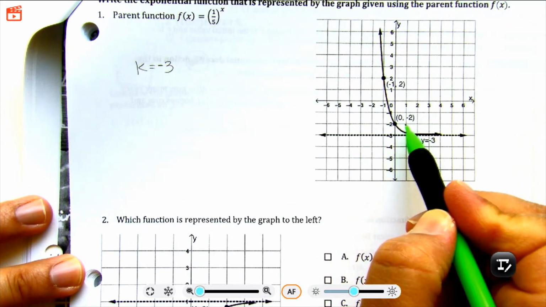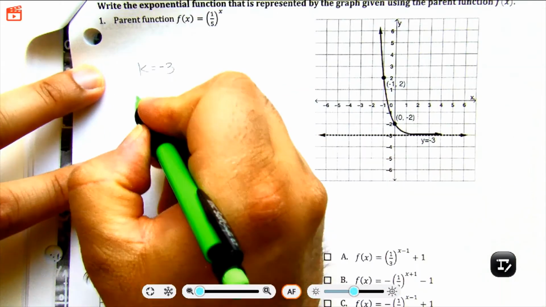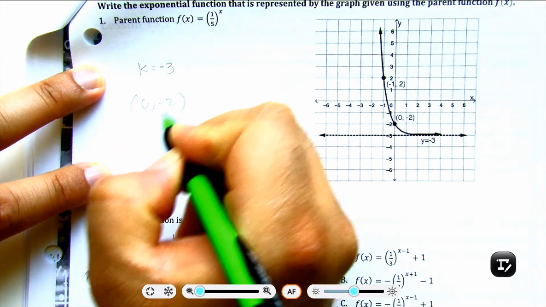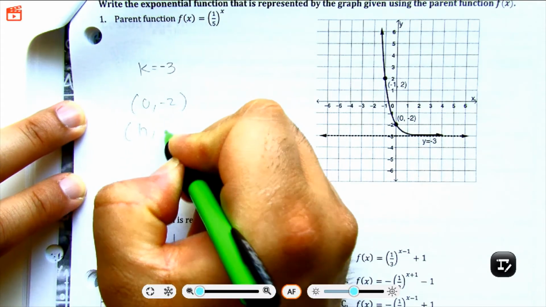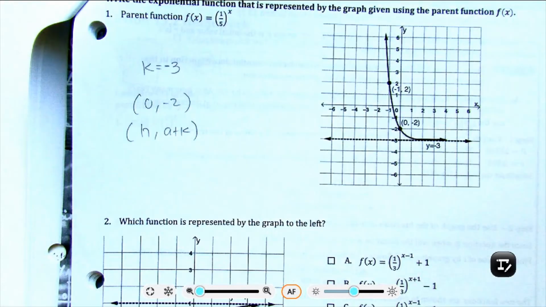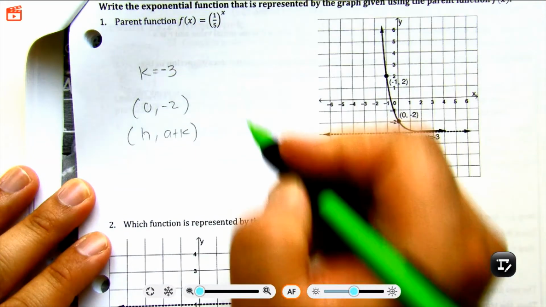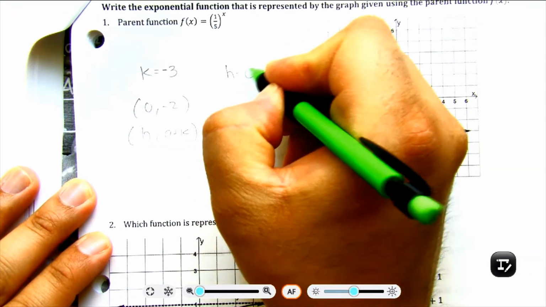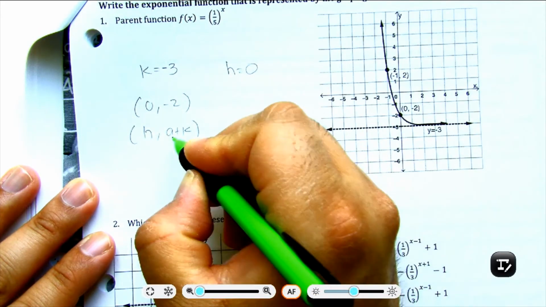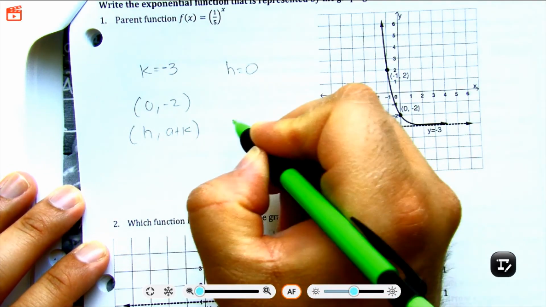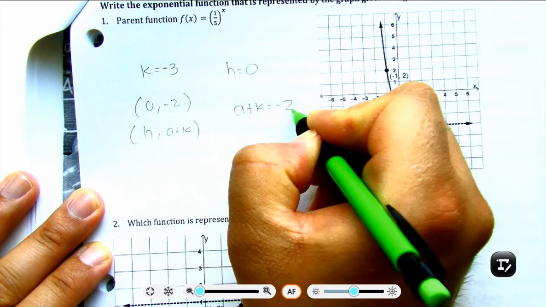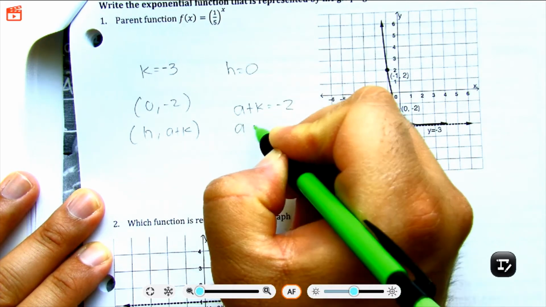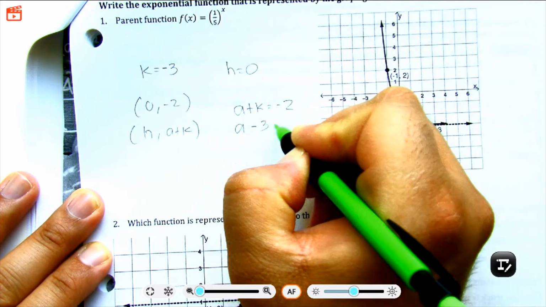And again, what that means is that this is h, comma, a plus k. So h is equal to 0. And then we could find out what a is by setting a plus k equal to negative 2. So a plus k equals negative 2. And if k is negative 3, and if we add 3 to both sides, we get a is equal to 1.